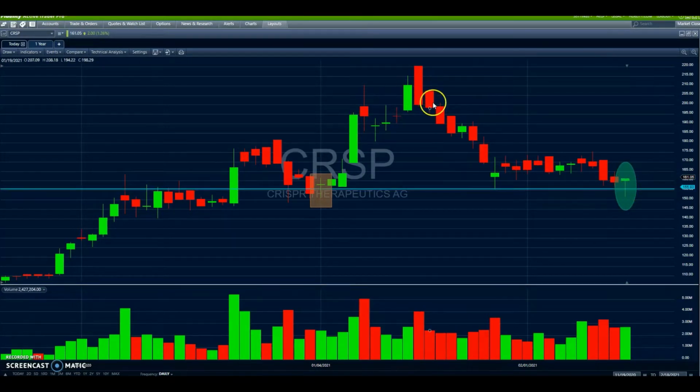If it appears on a downtrend like it does here with CRSP, it is a hammer candlestick. If it was on an uptrend and it appears, then it would be a hanging man. In both situations, it can signify a reversal. So it means pretty much the same thing, that a potential reversal is coming.